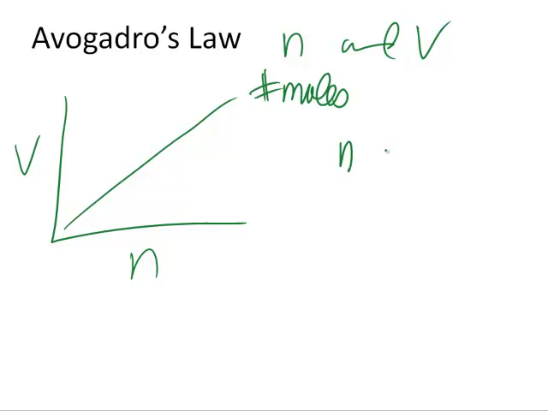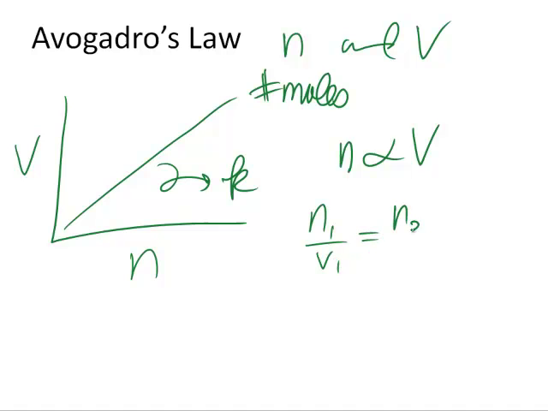So the number of moles and volume are also directly proportional. Just as we did in the two previous laws, we can develop a proportionality constant from the slope. So we can create a scenario where we have n1 over V1 equals n2 over V2, or vice versa. And so we've got a mathematical relationship according to Avogadro's law.